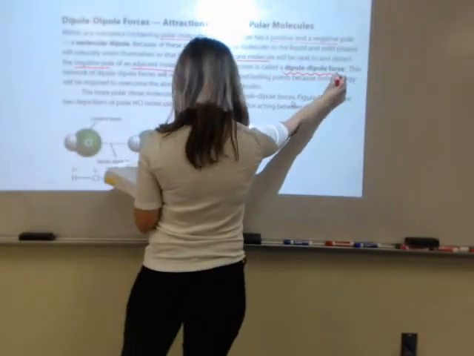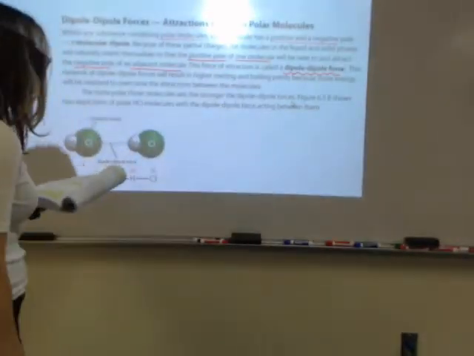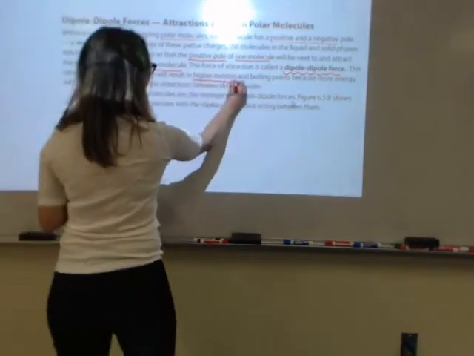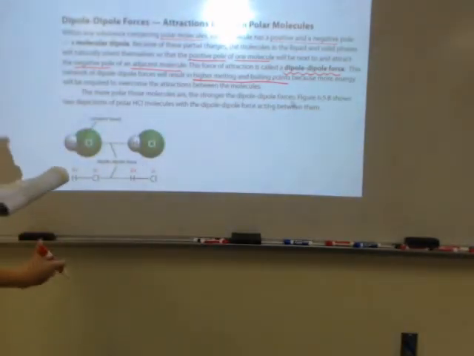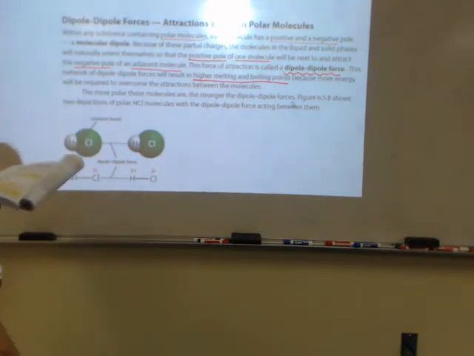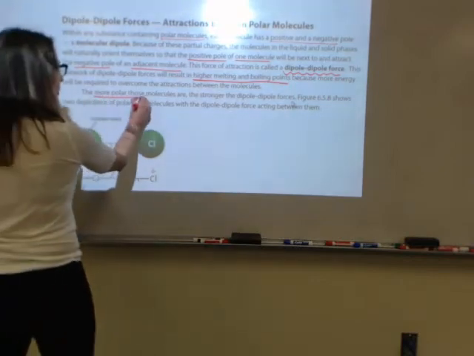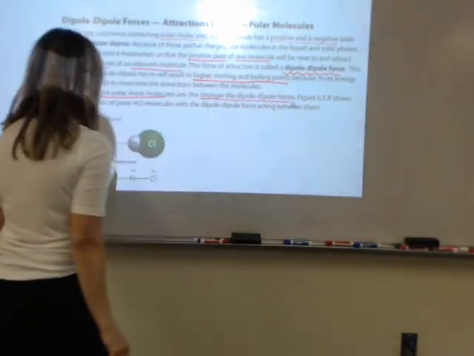And this is known as your dipole-dipole force. This results in higher melting and boiling points because it's going to take more energy to pull apart those molecules and get them into a different state of matter. So the more polar a molecule is, the stronger its dipole-dipole force.